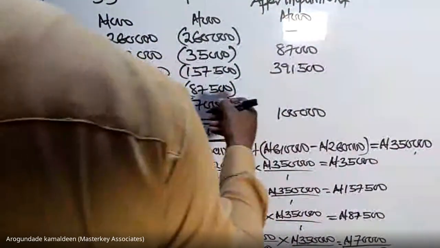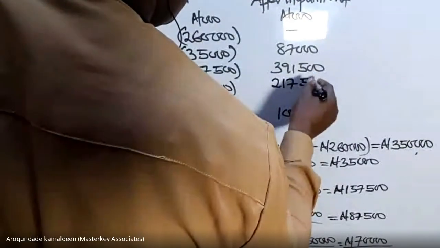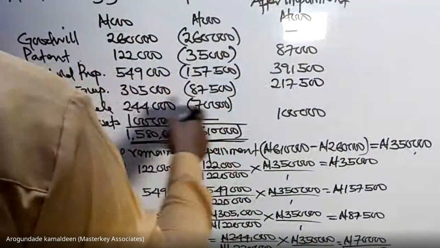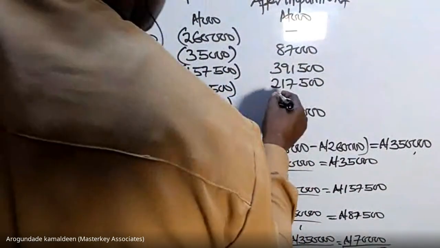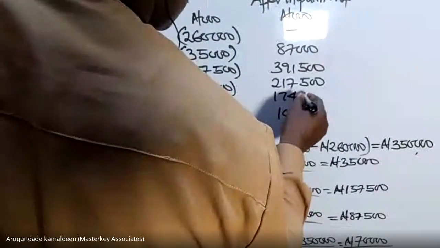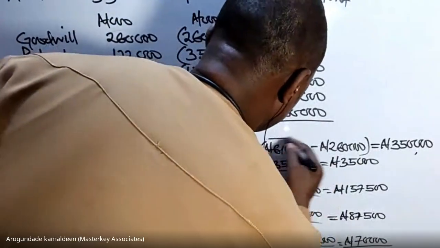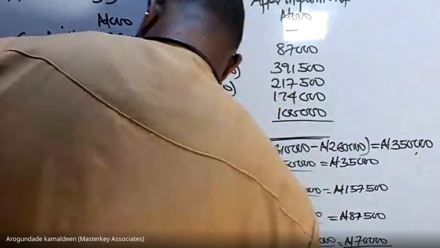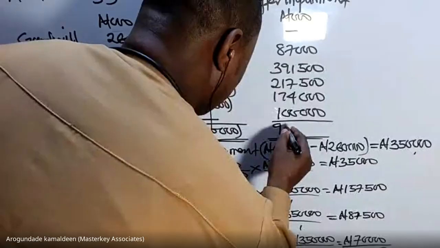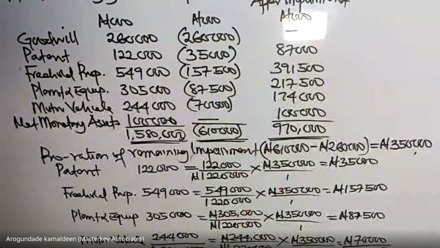This minus this, there you have 217. This now minus this, that's 174,000. If you add this back, this must give you the recoverable value, the 970. So that is the allocation of the impairment of CGU.